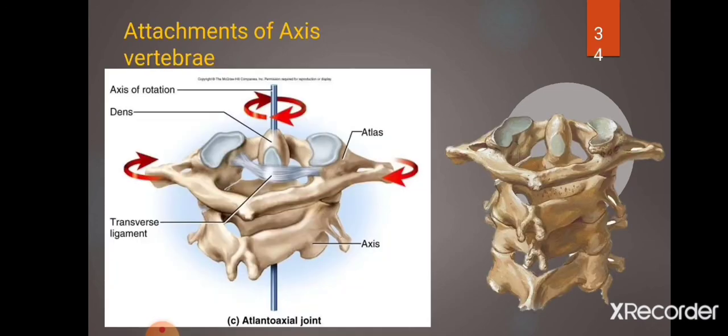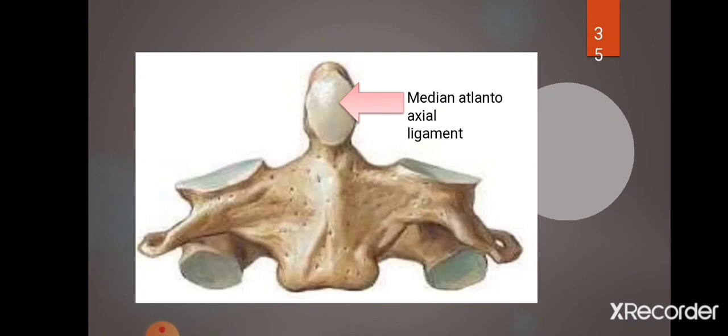So here we can see the attachments and the articulations of the axis. This axis articulates with the first cervical vertebra, that is the atlas, and forms the atlantoaxial joint. So this is the facet for the median atlantoaxial ligament.